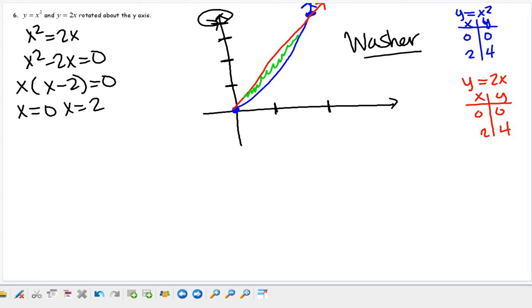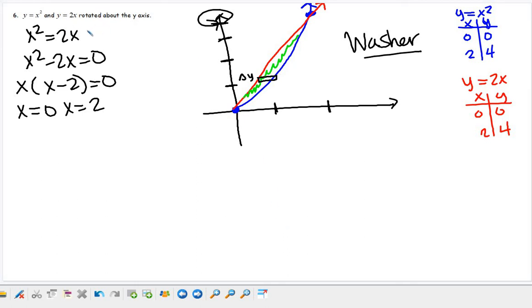So if I'm rotating about the y-axis, means I'm rotating this way. So from my axis of symmetry to my function is my radius, which means it runs this way, which means I need to integrate with respect to y. Okay, because the thickness of my slices is determined by delta y, the change in y, that's up and down. So that means I'm integrating with respect to y.